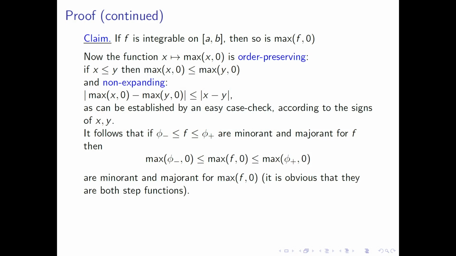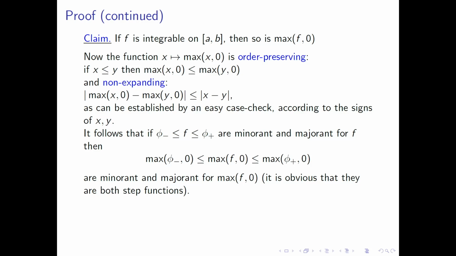Okay, so from a minorant and majorant for f, I've created a minorant and a majorant for max of f and 0. I mean, I could have just taken phi minus. That still would have been a minorant for this function.